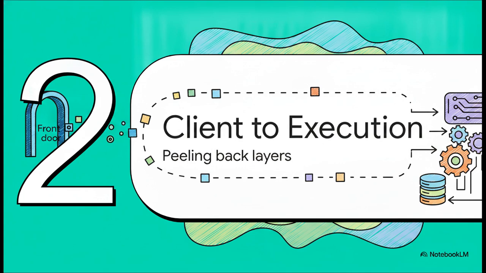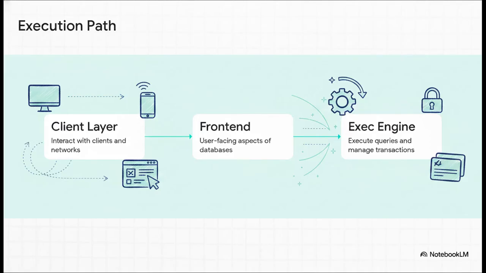Moving into our next section, from client to execution, we're starting our spatial journey right at the surface, peeling back the outer layers. This brilliantly illustrates the path data takes. Think of it as the front door to your database. Before data is ever permanently stored, it travels a very distinct route. We start at step 1, the client and network layer. This is where the database gets that initial interaction over the network.